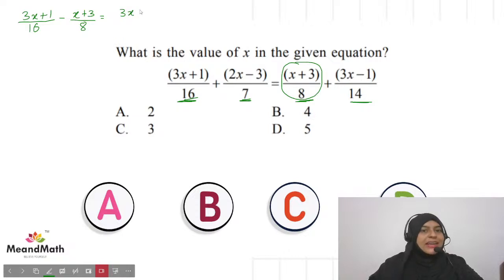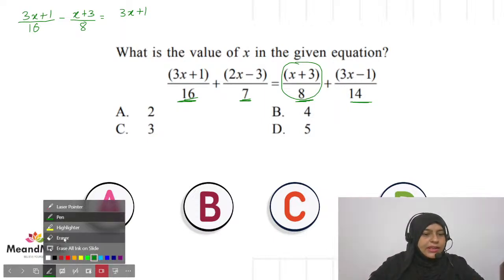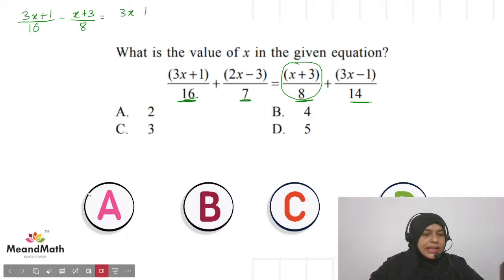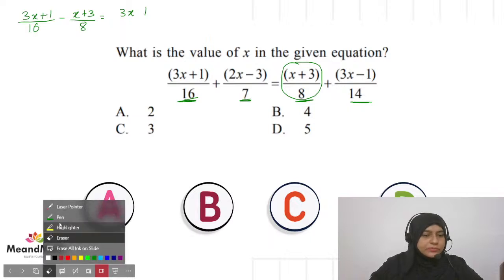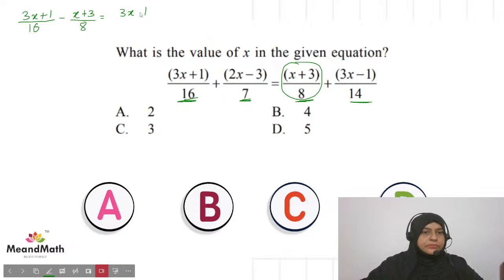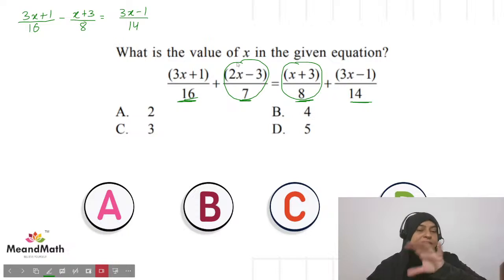On the right hand side, (3x minus 1) divided by 14. Now we can take this term on the right hand side because 7 and 14 are multiples. So it is (2x minus 3) divided by 7. Now it becomes simple because you can take the LCM easily.